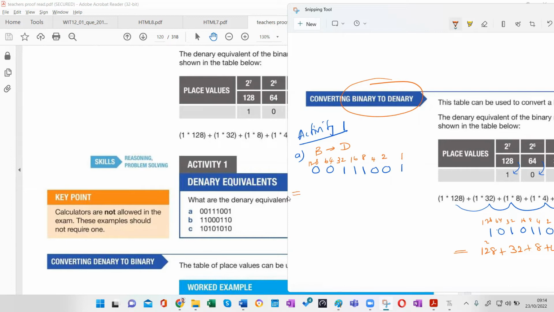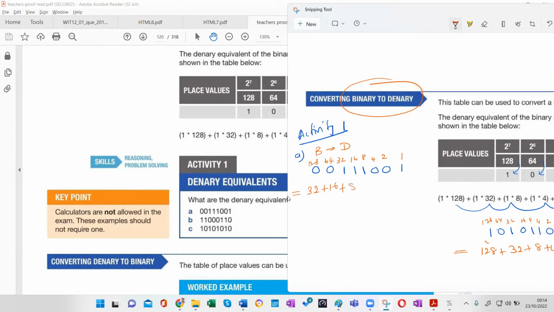Okay, now what do you do? You multiply the place value with the binary digit and add them together. You can see it's 0 here. Multiplying 128 by 0 gives you 0, nothing. So you don't need to multiply. That means there are no 128s. There are no 64s. There's 32. So you add 32. There's 16. Add 16.